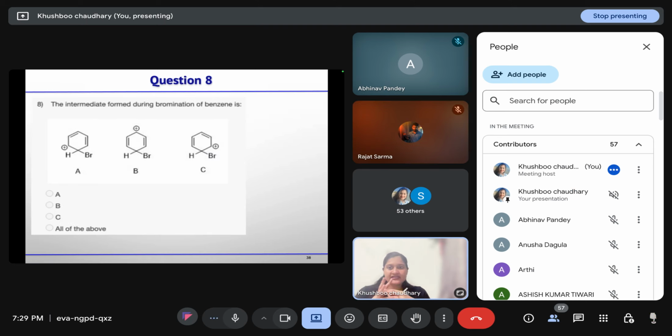Next is the intermediate formed during bromination of benzene. If you have benzene and you are treating it with bromine in the presence of some Lewis acid, you have to tell the intermediate.